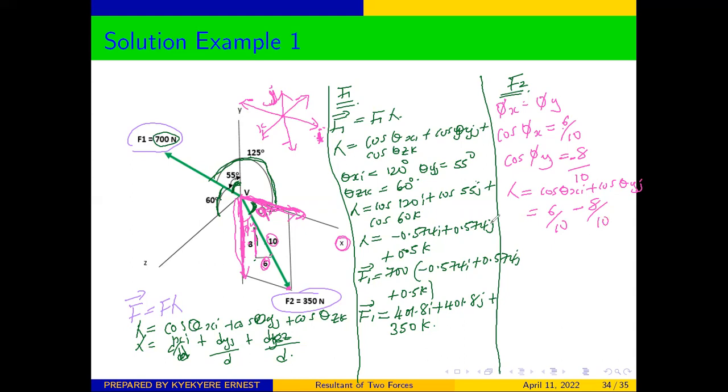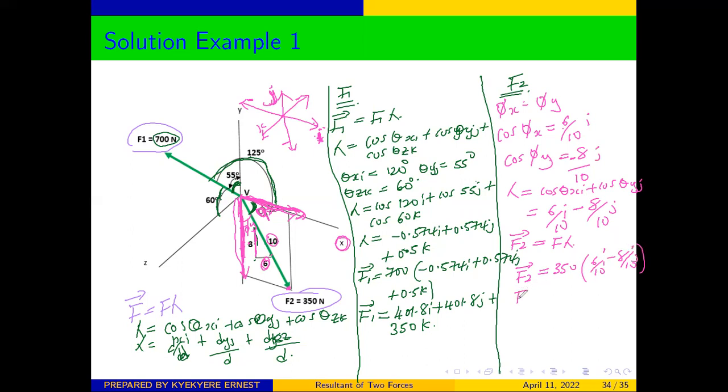And then from there, we can get our F. So our F2 in vector form will be equal to F lambda. F2 in vector form is going to be F, which is now 350, into bracket 6/10 i minus 8/10 j.